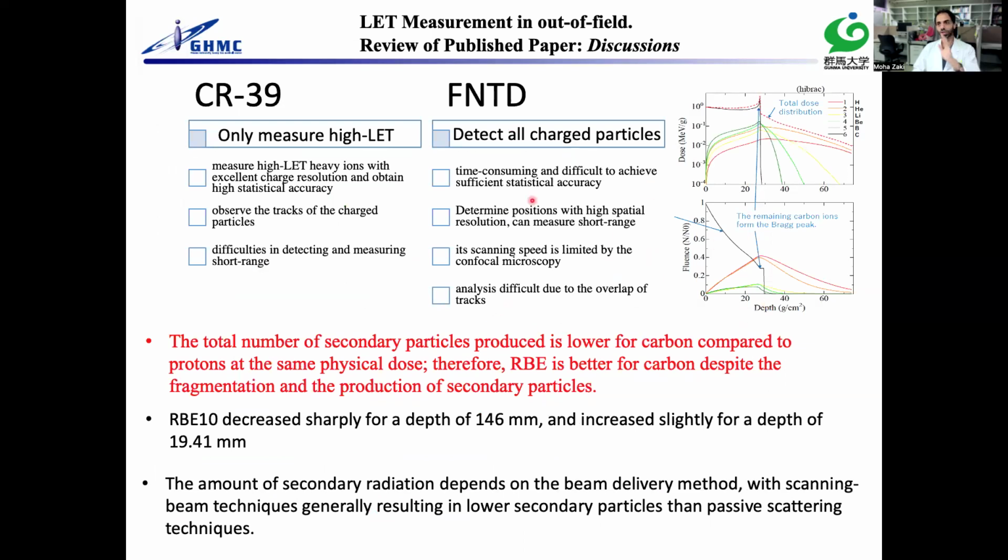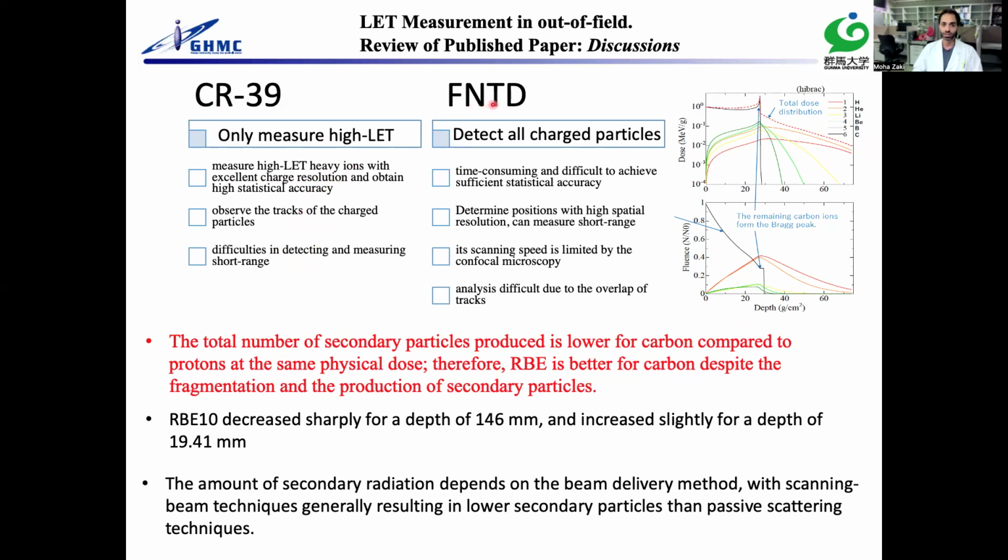Now to discuss the results. CR39 only measures high LET heavy ions, with excellent charge resolution and statistical accuracy. It absorbs the tracks of the charged particles, and it is very difficult to detect and measure short range.